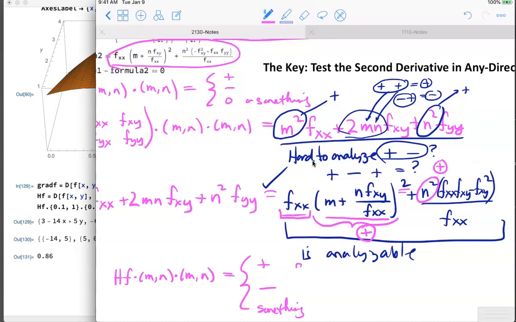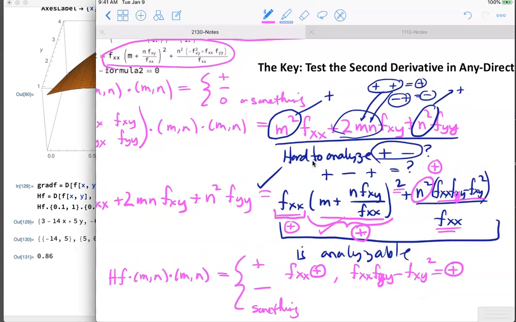If fxx, the second derivative, is positive, then you'll have a positive number here. A positive times positive is positive. N squared is positive, and if fxx is positive, then this whole quantity will be positive if also fxx fyy minus fxy squared is also positive.